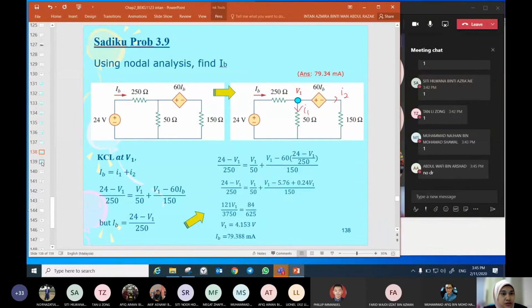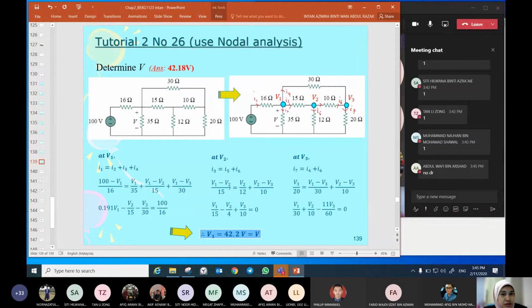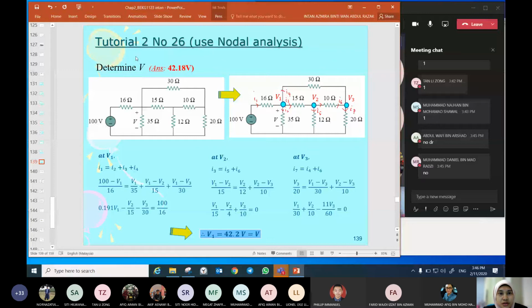Okay, I think this is the last example. Actually, in your tutorial, this is number 26. Last week I discussed this question with a BEKM student.